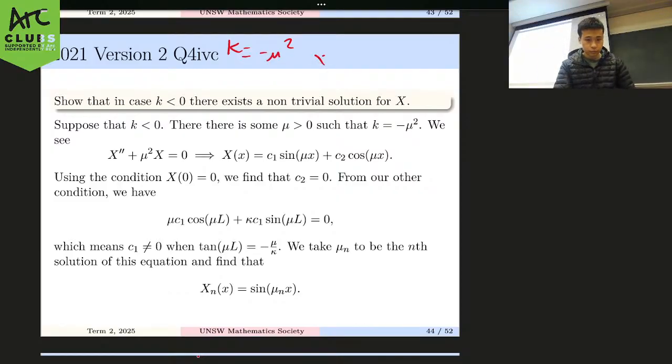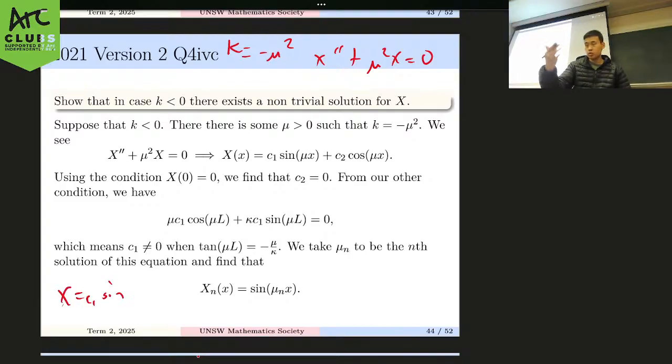So we have x double dash plus mu squared x is equal to 0. So once again, you have the imaginary roots going on. The general solution to those is x is equal to c1 sine of mu x plus c2 cos of mu x.